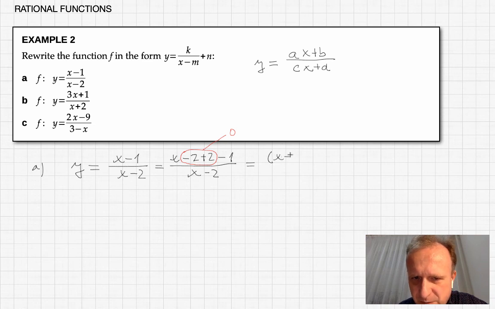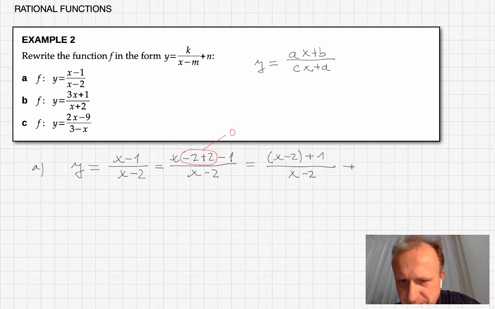I can rewrite it as x minus 2 plus, and now 2 minus 1 is just 1, divided by x minus 2, and this can be written as x minus 2 over x minus 2 plus 1 over x minus 2.